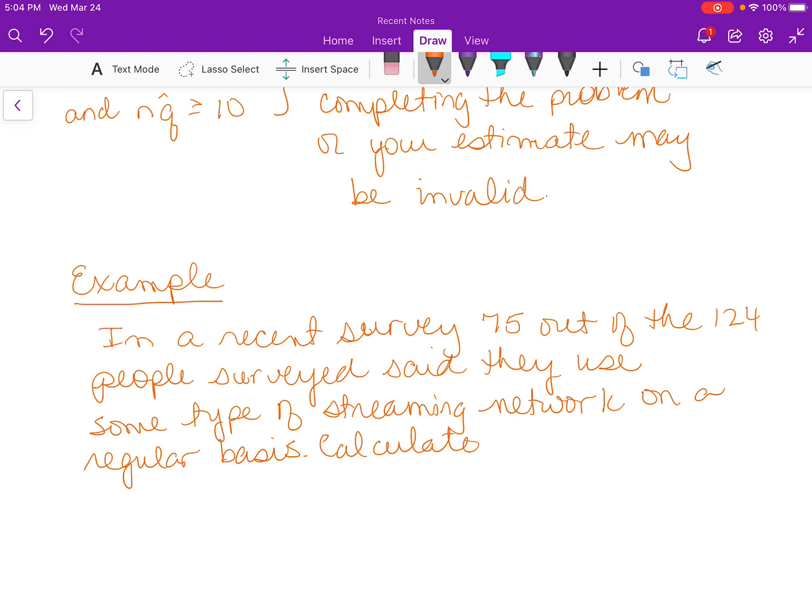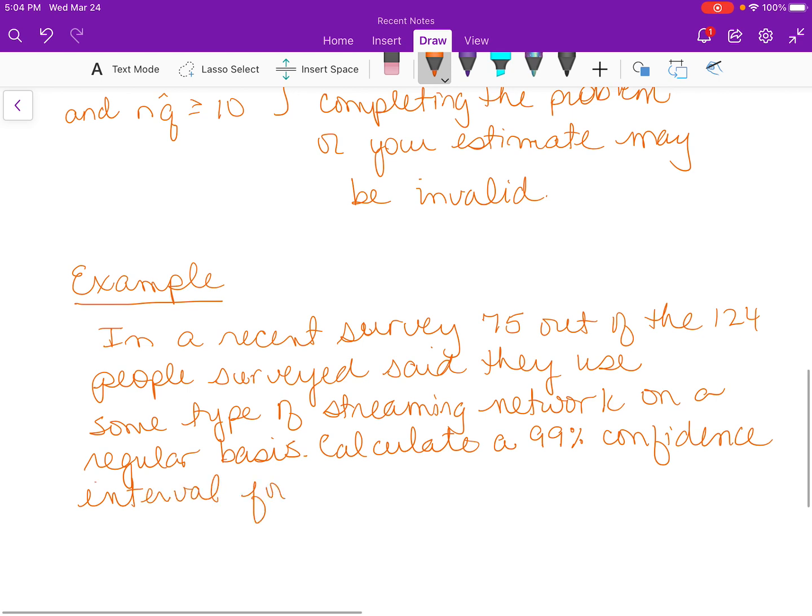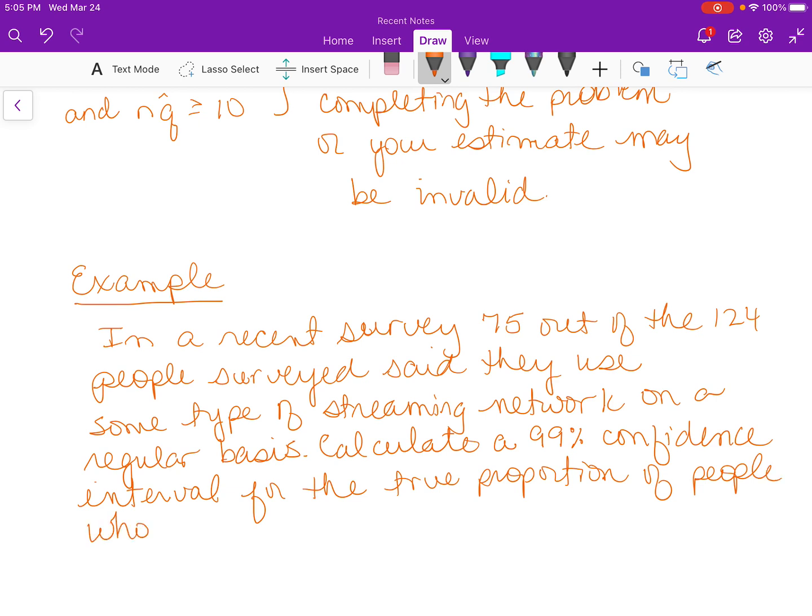Calculate a 99% confidence interval for the true proportion of people who use the streaming network regularly.